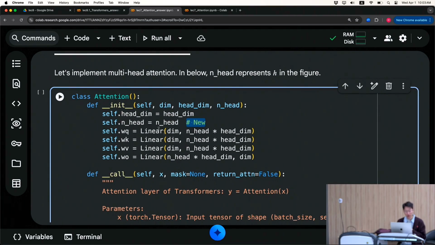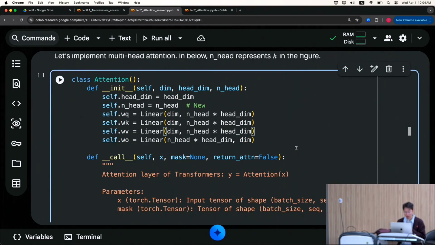And if you look at the dimensions, these matrices WQ, K, V, O are of size dimension times, this used to be times head dimension, but now it's number of heads times head dimension. And output down projects them not to a single dimension, but to dimension.